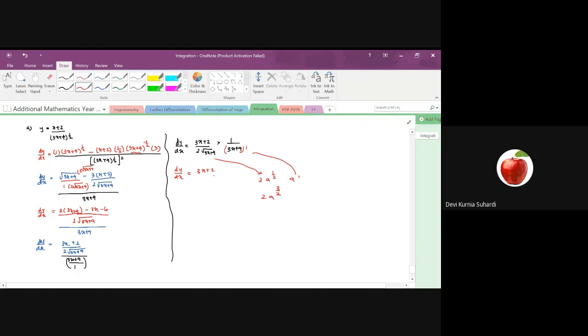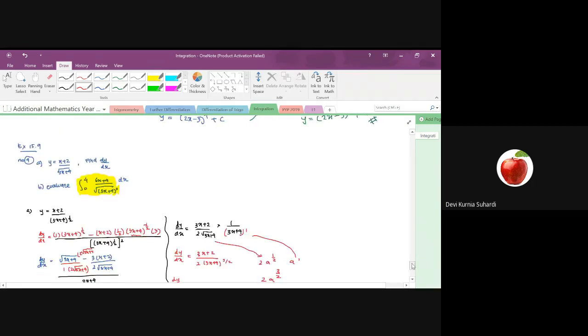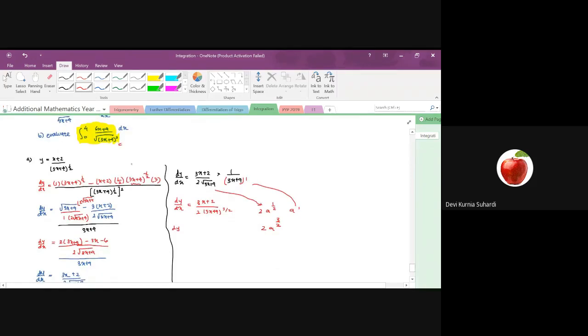(3x plus 2) over 2 (3x plus 4) to the power of 3 over 2, which we can convert to radical form because they want it in that radical form. (3x plus 2) over 2 square root of the cube of (3x plus 4).